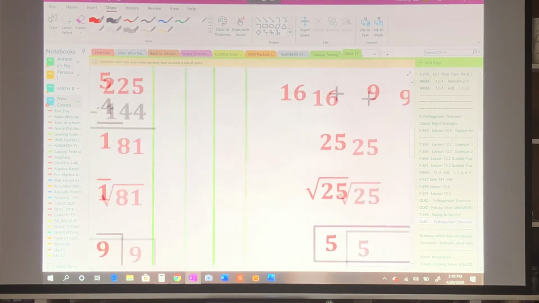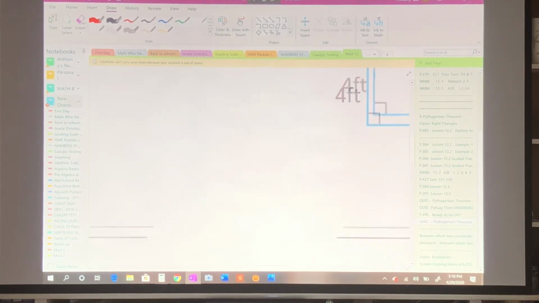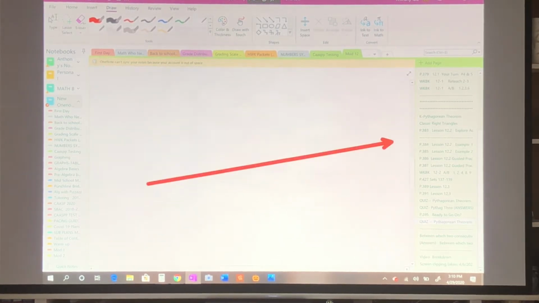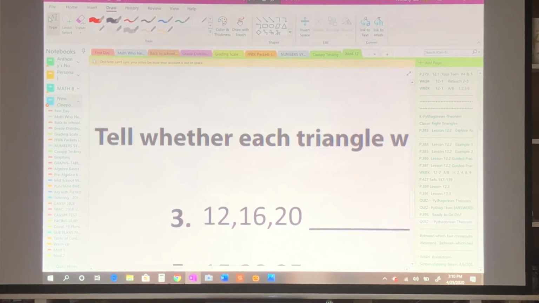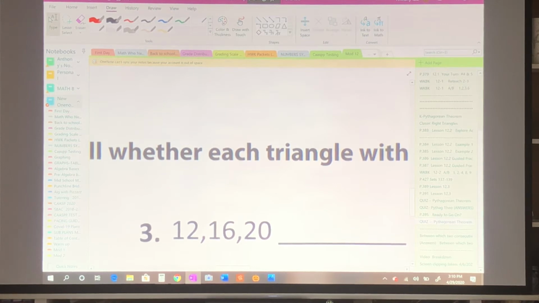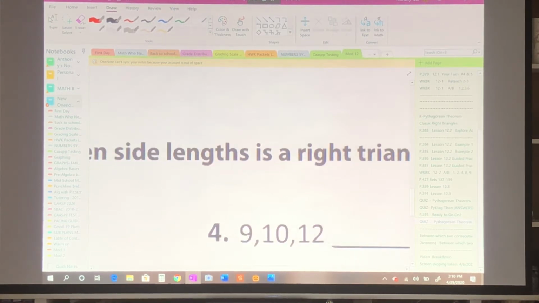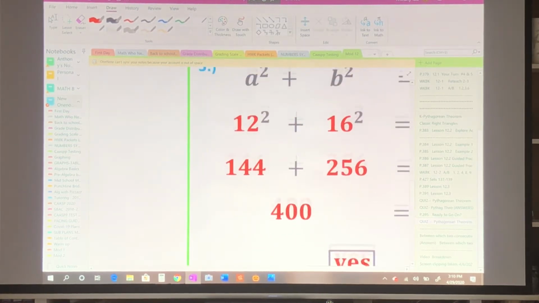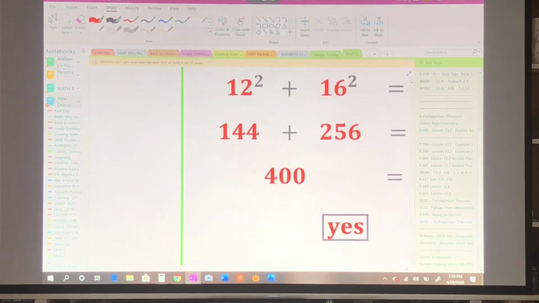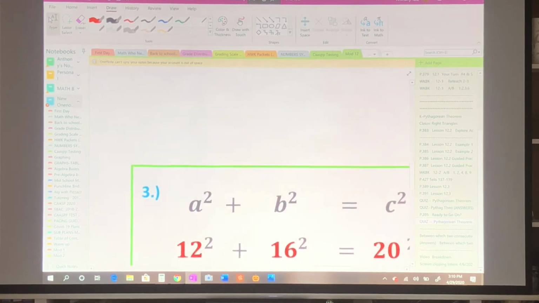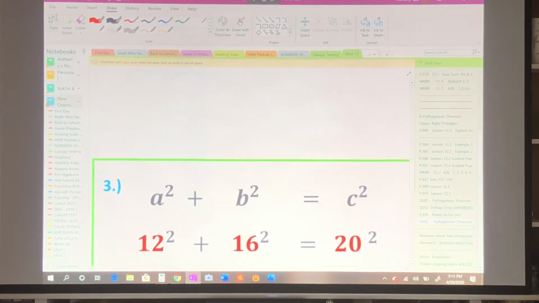All right, on number 3, 4, and 5, they want us to tell whether or not the triangle is a right triangle. Okay, they gave us all 3 sides. Plug them in, 12, 16, and 20. 12 squared plus 16 squared equals 20 squared.